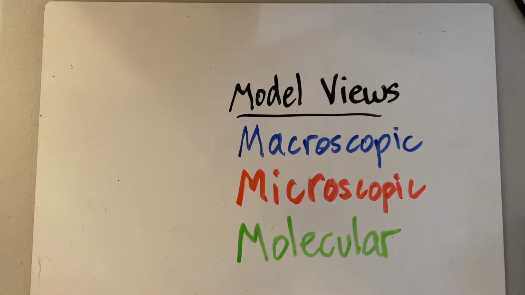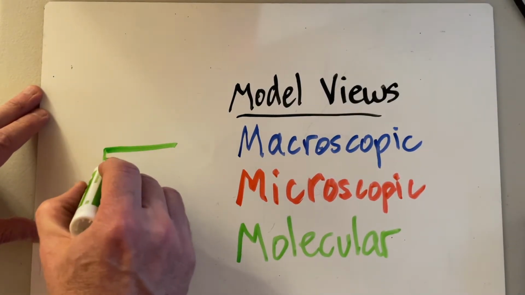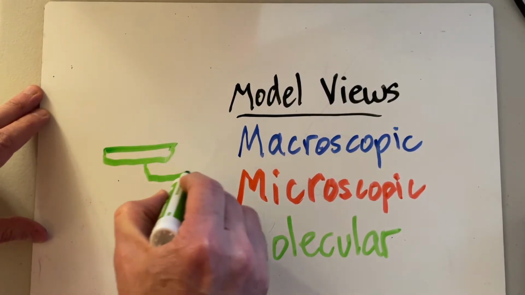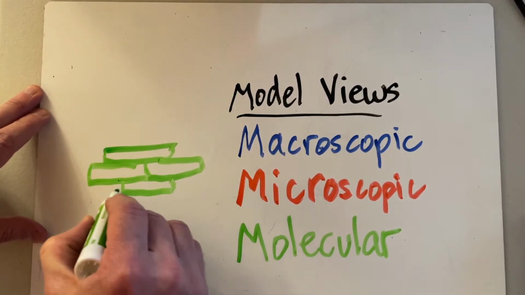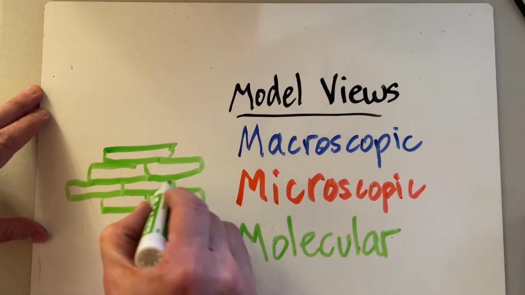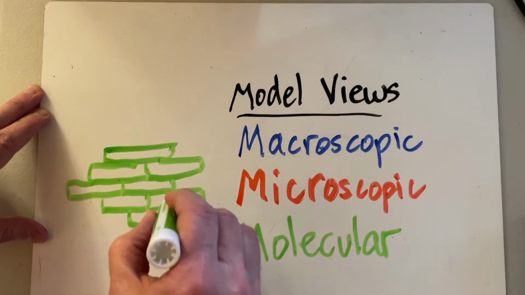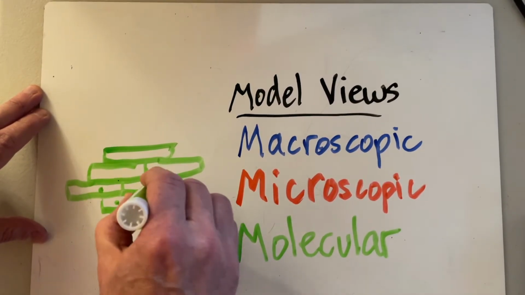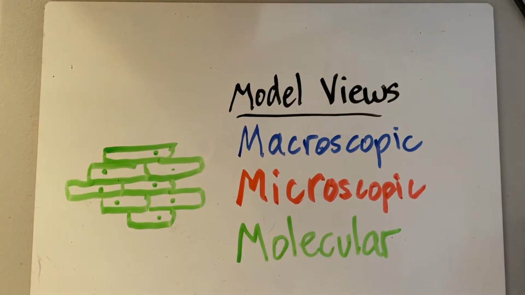So I would draw something that looks more like this, with different sort of box shapes, similar to the photograph I just showed you. And maybe with a dot inside where the nucleus of each cell is. That would be a microscopic view.